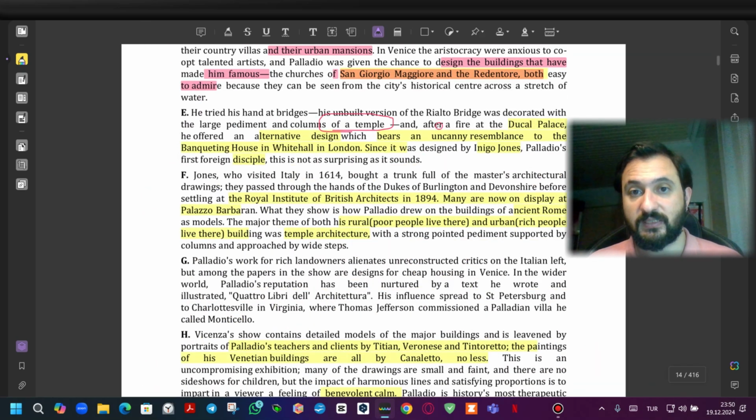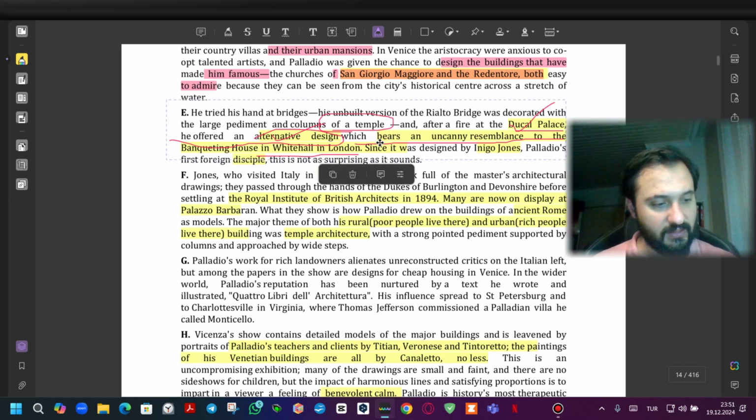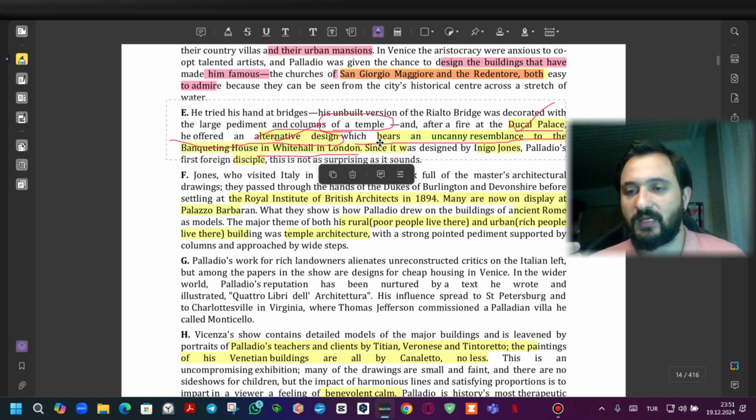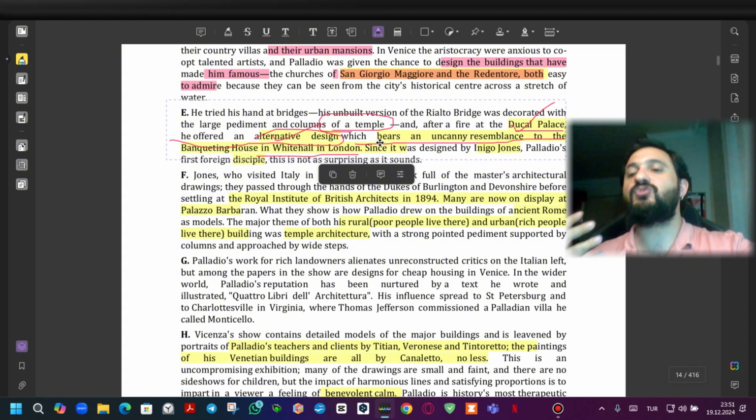Okay? Example. And after a fire at the Ducal Palace, he offered an alternative design, which bears an uncanny resemblance to the banqueting house in Whitehall in London. Alternative design, Ducal Palace. Directly, these are keywords. Which bears: bear has different meanings. First one, if it bears and resembles, it means look like, carries or reflects the physical appearance of something.